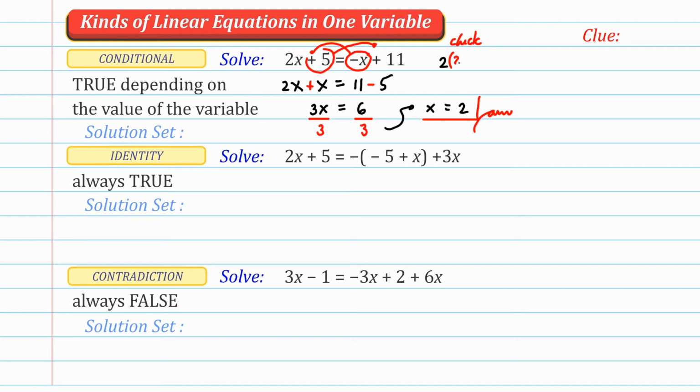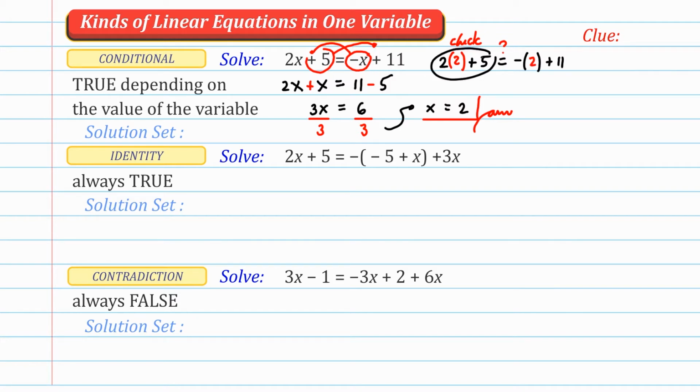So we have 2 times 2 plus 5. The question is it equal to the right side? Negative. Be careful lang. Kapag meron po tayong mga negative signs, make sure you place them inside the parentheses. Ito, positive naman, pero mas magandang ilagay mo na kaagad in parentheses para hindi ka malito. And then, plus 11 like so.